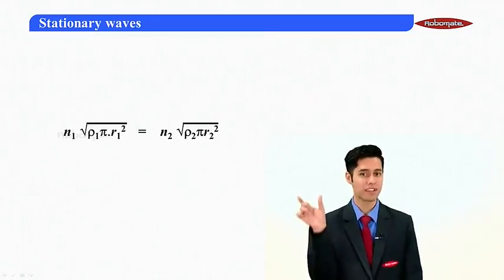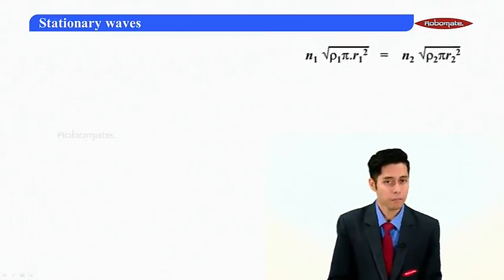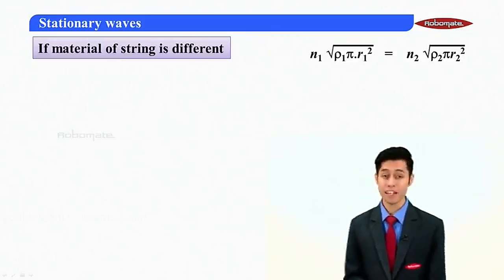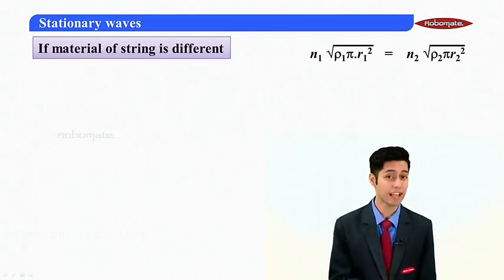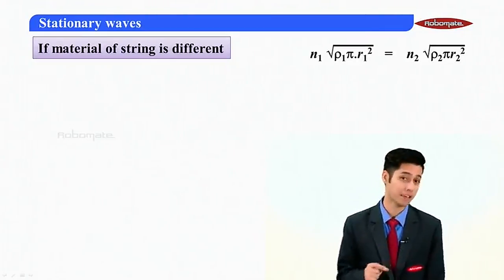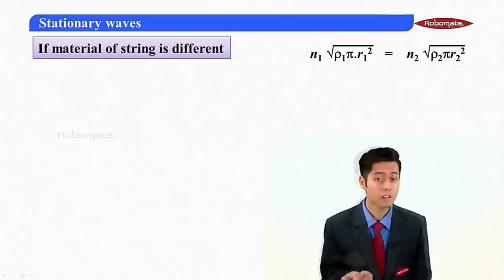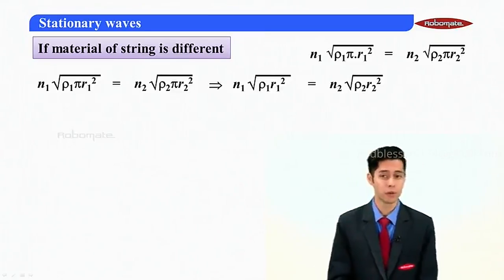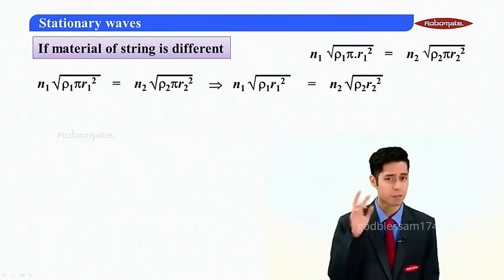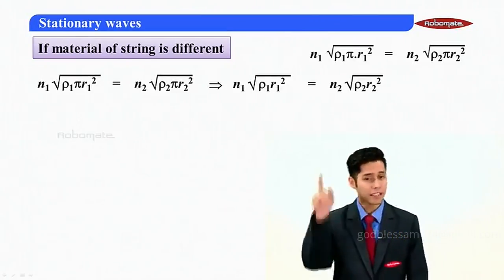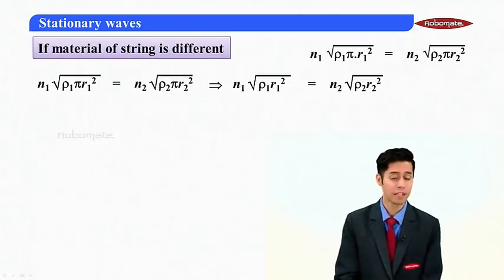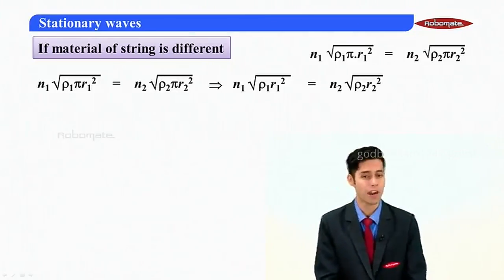Now, this was the general equation that we had. So keeping this general equation aside, let me now consider that if the material of string is different, that means the densities are not going to be same. So rho 1 will not be equal to rho 2. But pi and pi are still the same, so pi and pi will get cancelled. So I get the following relation: n1 multiplied by root of rho 1 r1 square, which is equal to n2 under root of rho 2 r2 square.